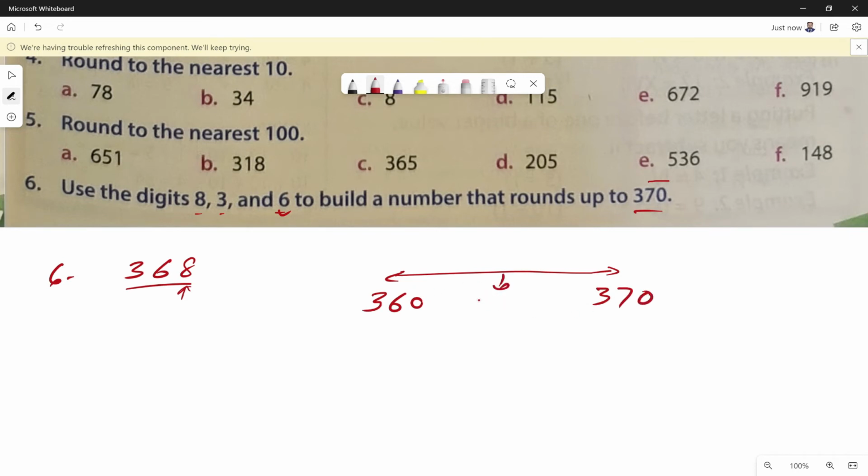So our midpoint is 365. Our number will fall somewhere here, 368. So the place value at the ones place is 8, which is greater than 5. So the number will round to the nearest 10, which is 370.